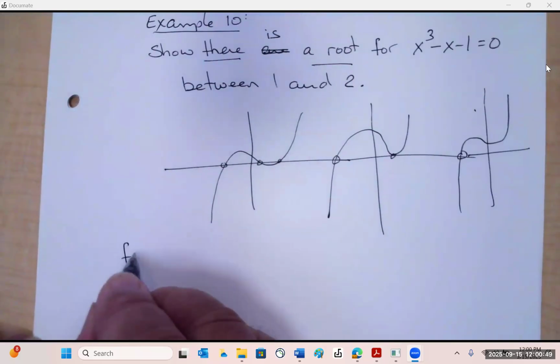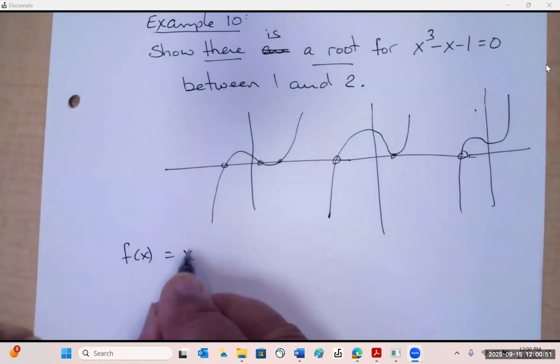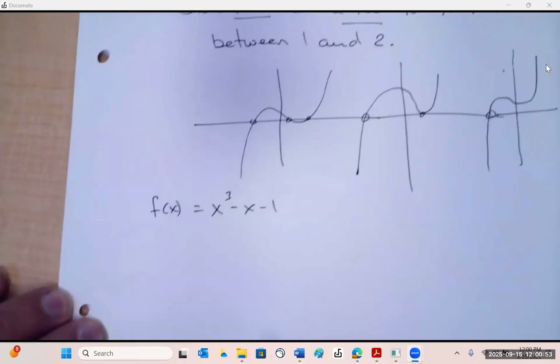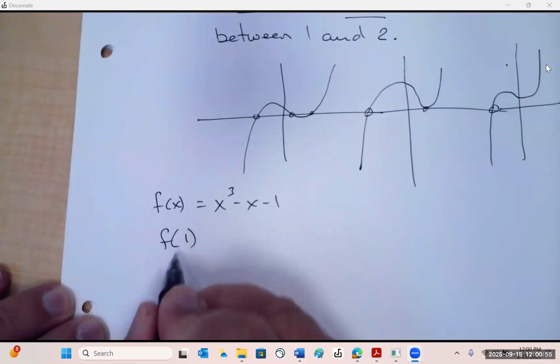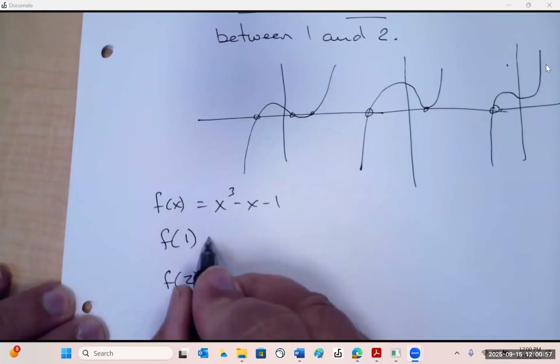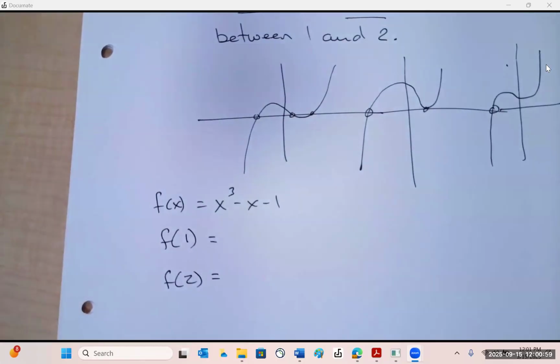Well, f of x is x cubed minus x minus 1. If we take f of 1 and f of 2, according to the intermediate value theorem, if they have different signs, then we know there's at least one x-intercept and 1 root between there.